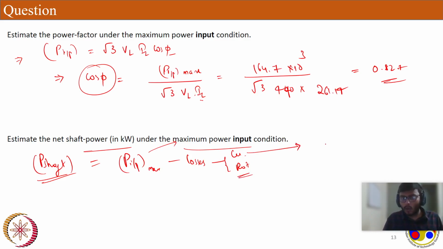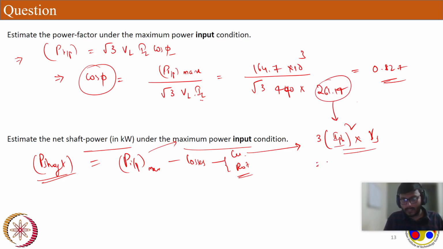Now how to calculate the copper loss? Copper loss we will get from total three phase losses: 3 multiplied by I phase square multiplied by whatever resistance is present in the circuit. I phase we already calculated because we know the line current; we just have to divide it by root 3.